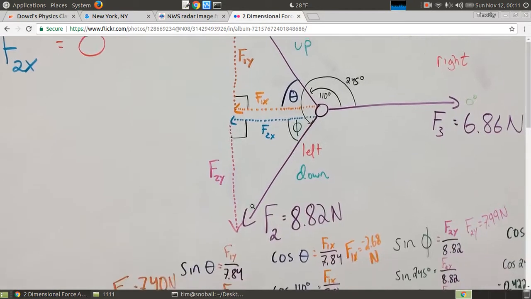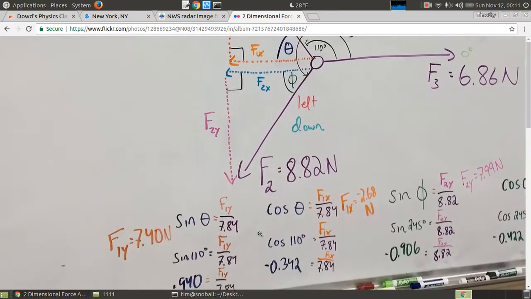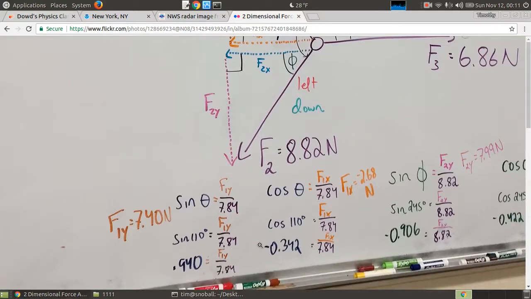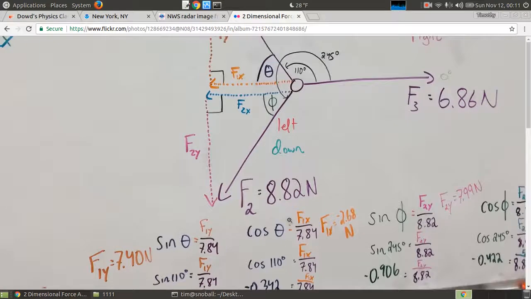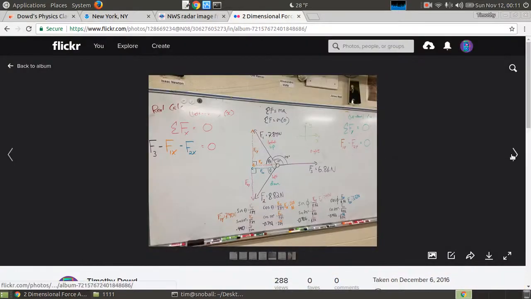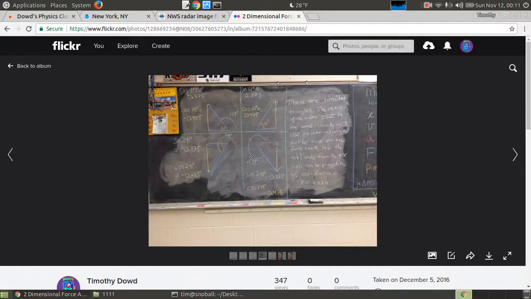That corresponds to the fact that this is in the minus direction. But most of the time it would be easier just to call it 70 and to remember to put the negative there because it was pointing in the minus direction. If that went over your head, don't worry about it. I actually have a set of pictures here to talk about similar triangles and why angles like that give similar sines and cosines.